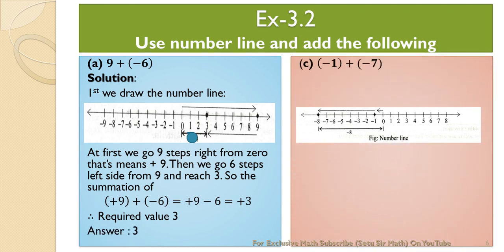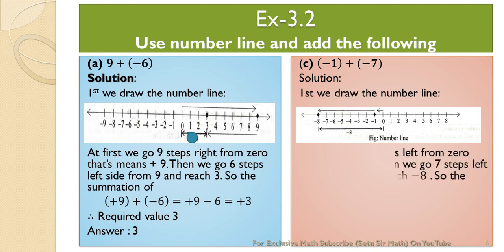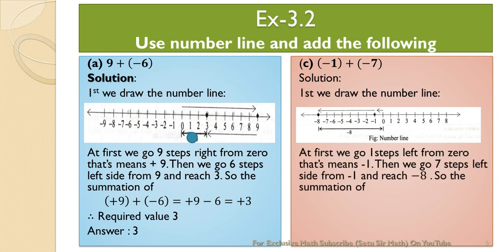Next math, minus 1 plus minus 7. Solution. First we draw the number line. At first we go one step left from 0, that means minus 1. Then we go 7 steps left from minus 1. Then we reach minus 8. You can see the figure, total 0 to minus 8.